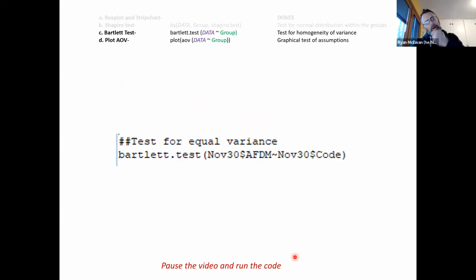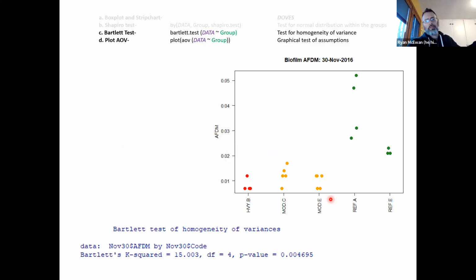So, all right, let's do the equal variance test. This is part of the process, so pause the video and run the code. It's bartlett.test, open parentheses, November30$AFDM, tilde, November30$code, close parentheses, run it. Pause the video, run the test.